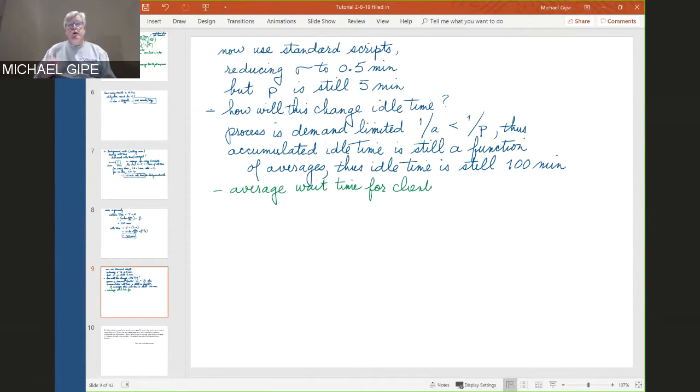And of course, this is a combination of the queuing time plus the processing time. The average processing time is unchanged, but the queuing time does depend on variability of the processing.